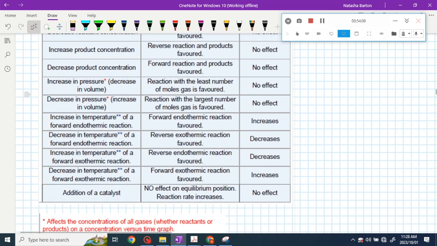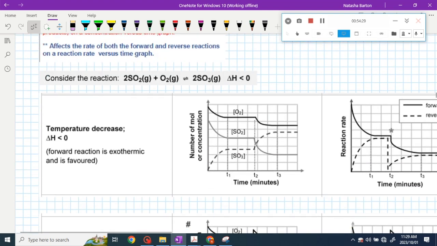What I want to say is, when you are giving answers in an exam where they say to you, explain using Le Chatelier's principle, you sort of want to state what's happening here and what is stated over there in order to get your marks. You're going to see it when we look at the actual past paper questions. So I'm going to get back to that a little bit later.